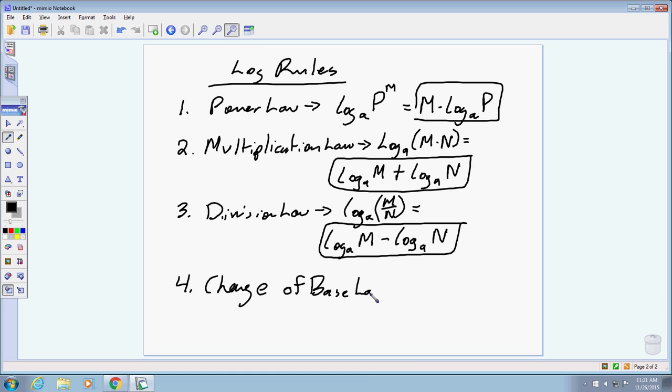And this is one where, when you get logs like this, a log of base A of m, and you don't like that base, because I'll be honest with you, what we're going to get accustomed to using is base 10. If it's got some other number other than 10, you can't use your calculator. So in order to use a calculator, you've got to somehow get it so that it is base 10. So that's what the change of base law is used for.